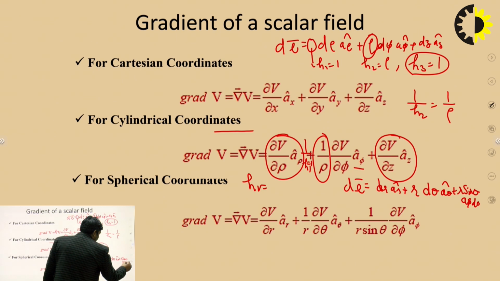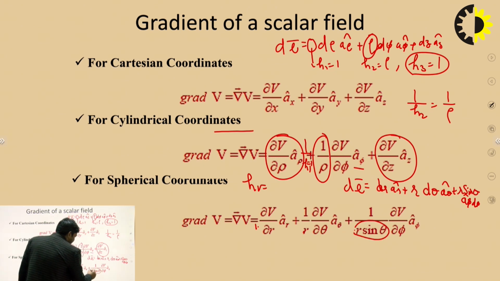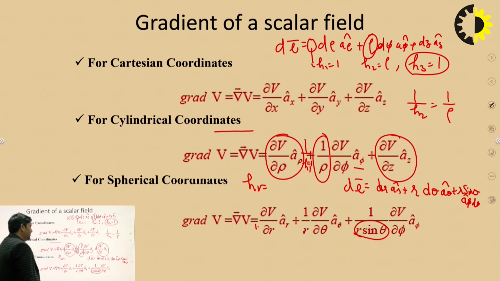So the multiplying factor here is 1, here it is r, and here it is r sin theta. So we easily calculate the gradient of v in the spherical coordinate system, which is equal to del v over del r ar plus 1 by r del v over del theta a theta plus 1 by r sin theta del v over del phi a phi.